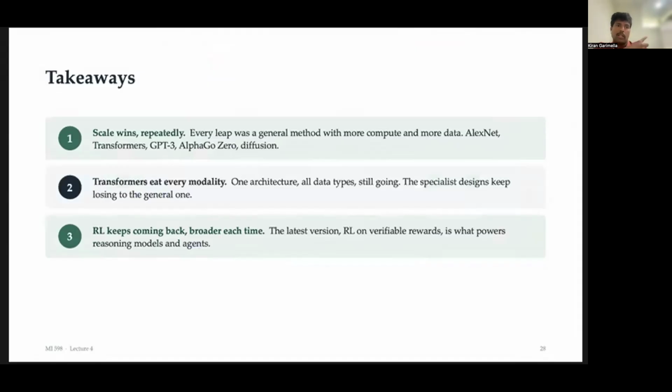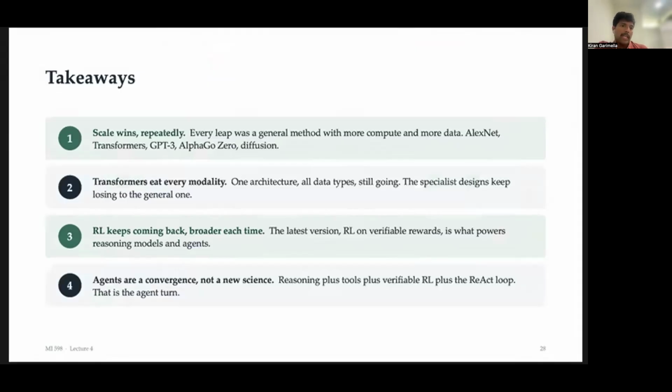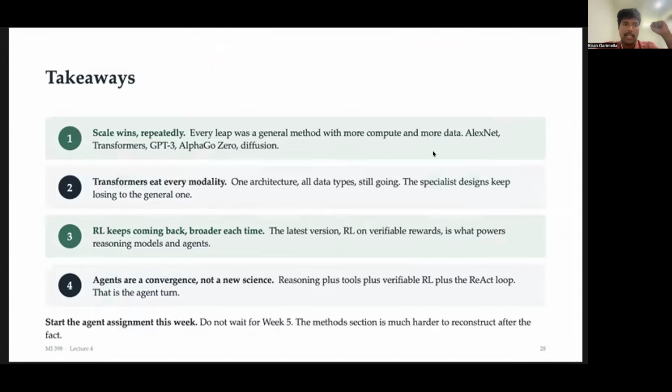And then reinforcement learning keeps coming back, and it's coming back better each time. The latest version, RL on verifiable rewards, is what powers most reasoning models. And agents are just a bootstrapped version of progress from multiple different directions into something that is useful. It's not a new breakthrough. It's just a combination of the right tools at the right time to provide something useful. And that's this thing of AI agents.